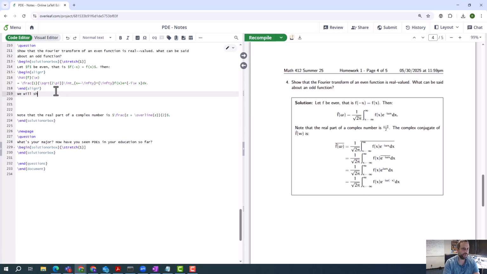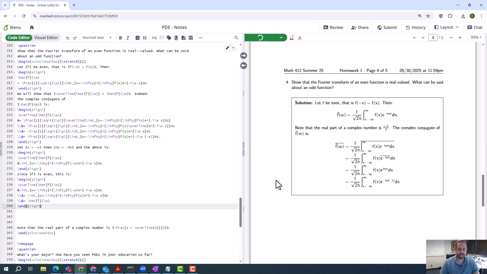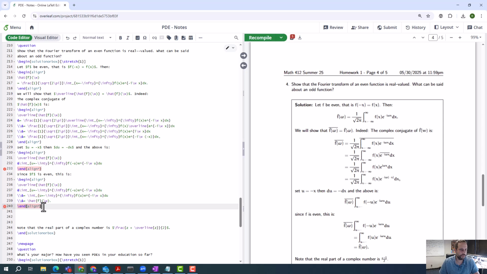So we will show that the complex conjugate of the Fourier transform equals just the Fourier transform. Indeed, the complex conjugate. So let's see how that looks now. What did I do here? Undefined control sequence.